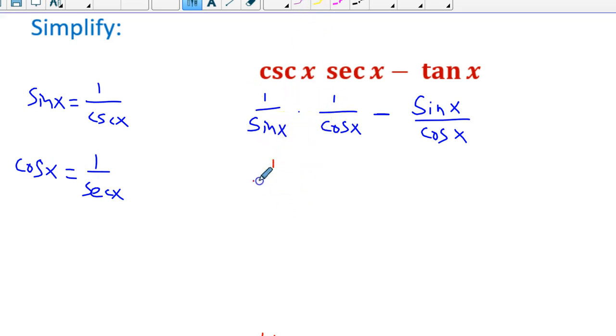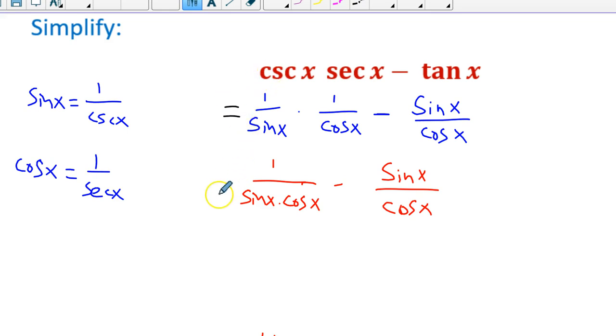So you just have 1 over sine x times cosine x, minus sine x over cosine x. So now if I look at these denominators, the first denominator is sine x times cosine x.